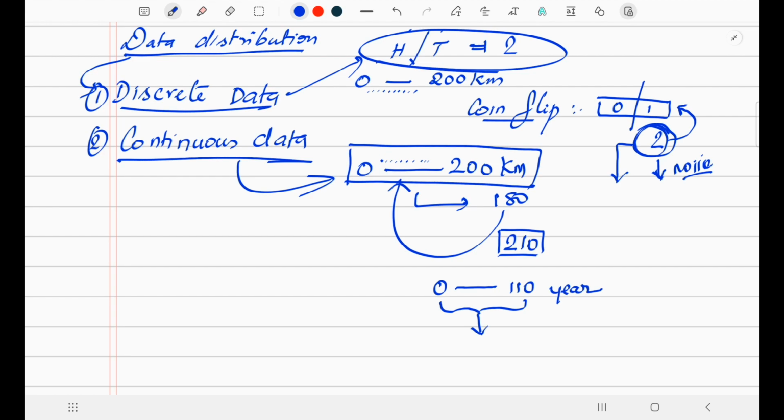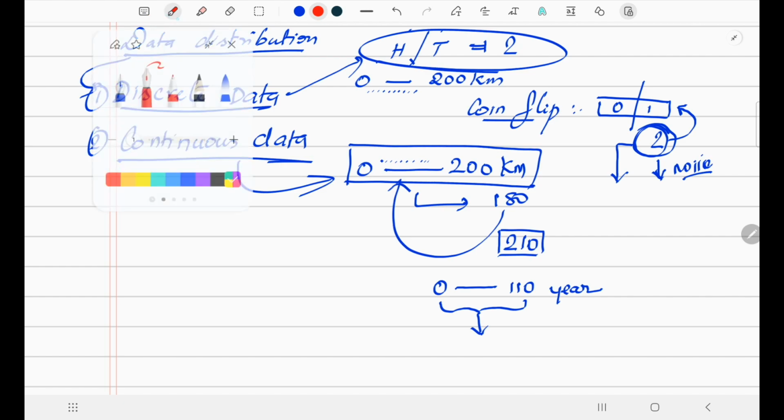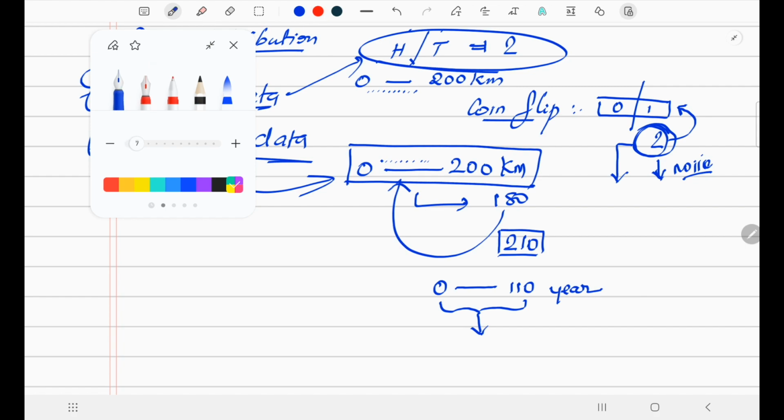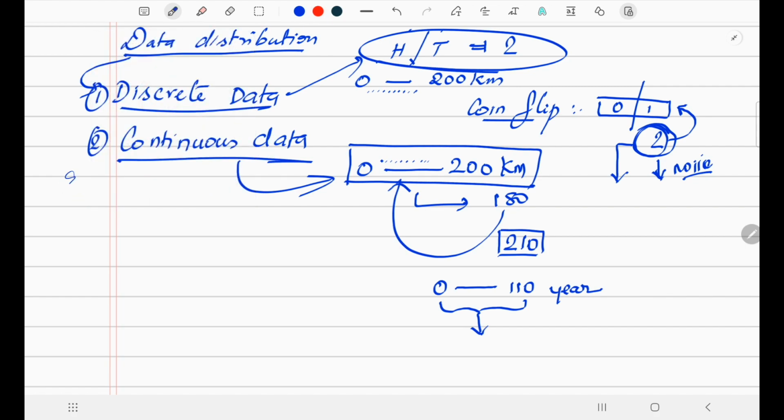For example, if I use another color. Why did I reduce my size? Okay, right. Now, good. Discrete data.